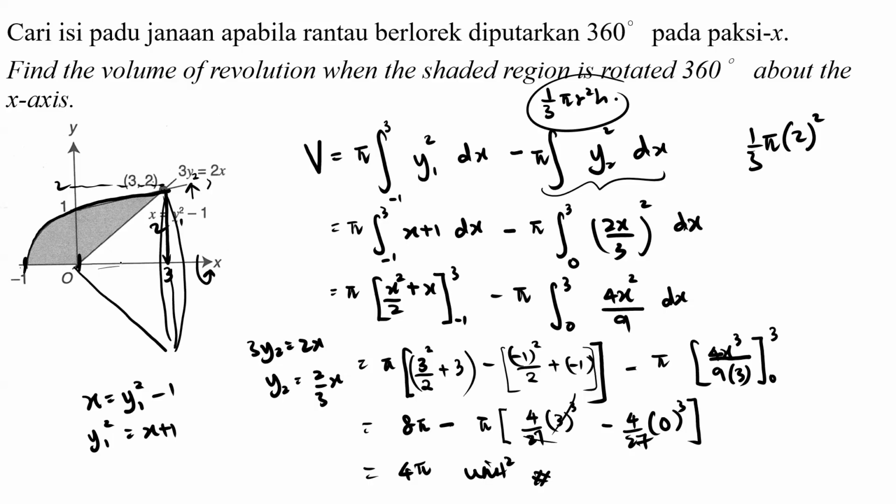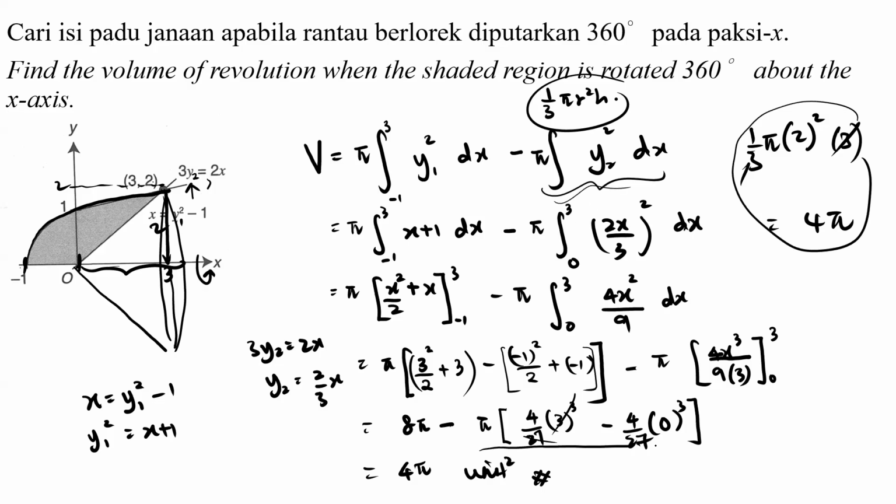And the height is from here to the 3 here. So the height is 3. Simplified. Can you see that? I got 4 pi. So the volume of the cone is 4 pi. Whether I use the geometrical formula or I use the integration, I will definitely get 4 pi for my integration of the straight line.